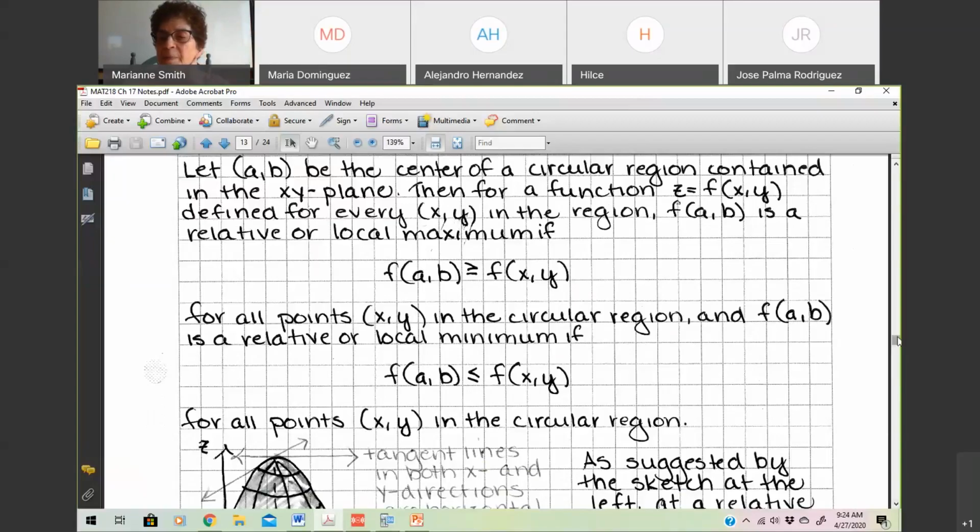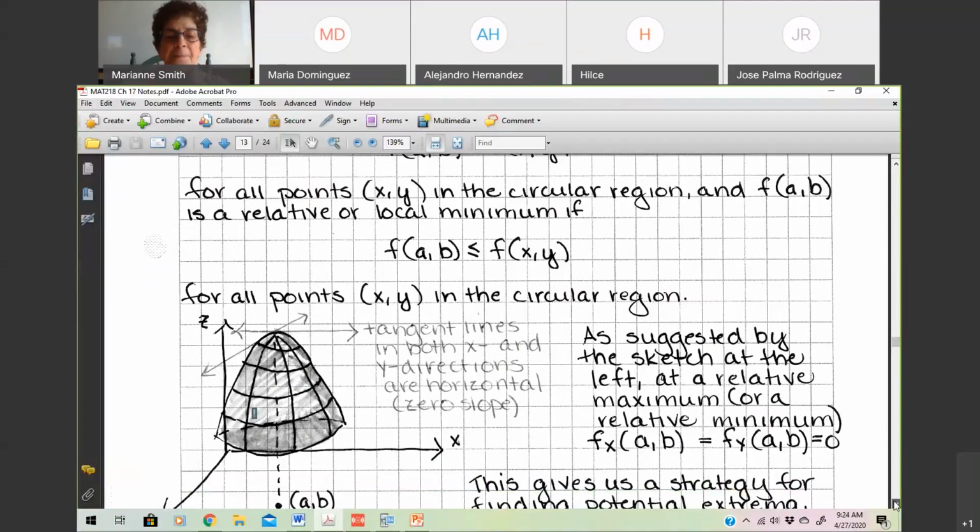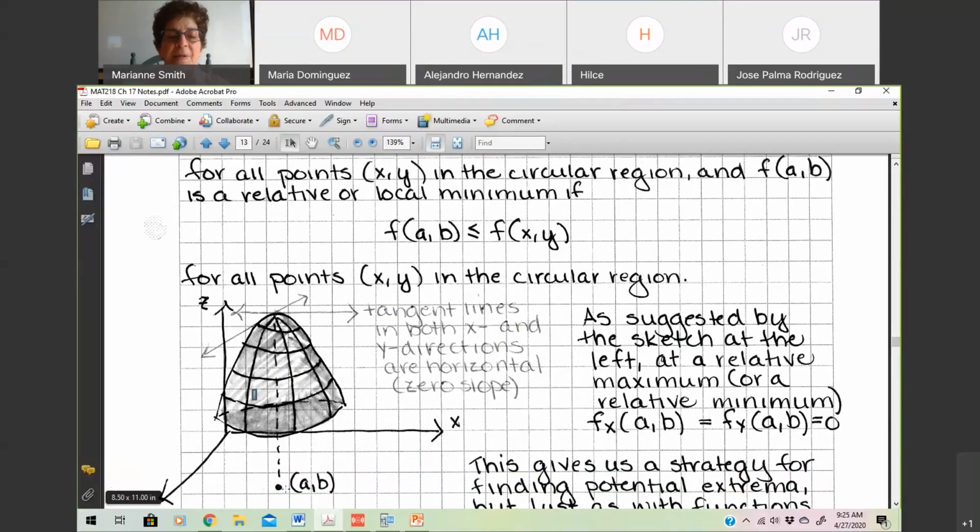Now here's where my drawing falls short. Here's a sketch, and this is meant to be like an upside down basket. What I'm trying to show you here is the point (a, b) on the floor, and here's the point up here on the surface.